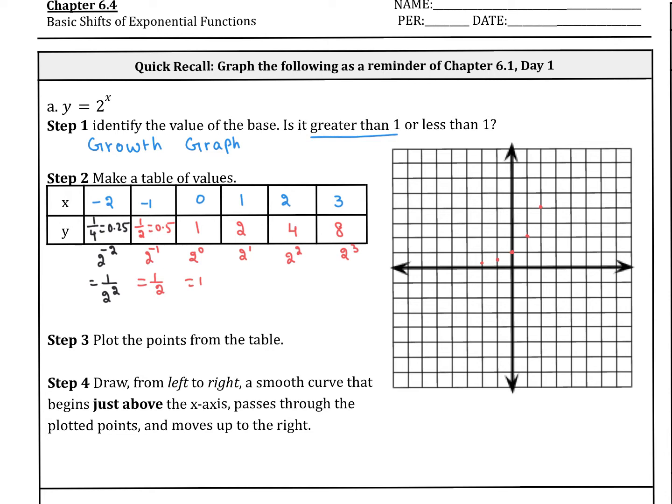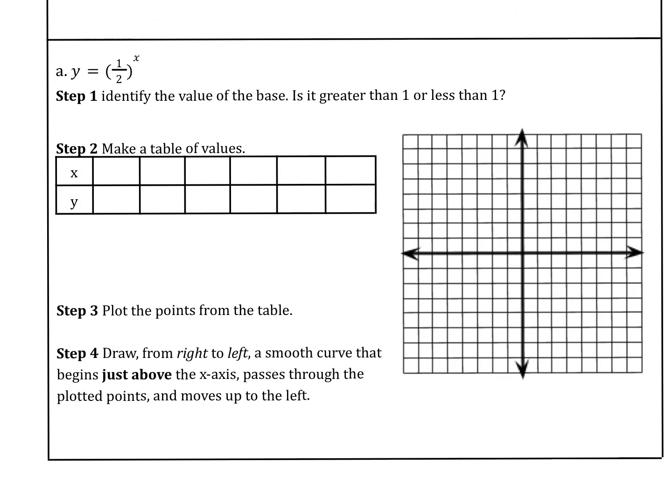Next we have (3, 8), so that's going to be this point. Try to make as smooth a graph as possible. So you're going to have a growth graph rising from left to right, where (0, 1) is your y-intercept.